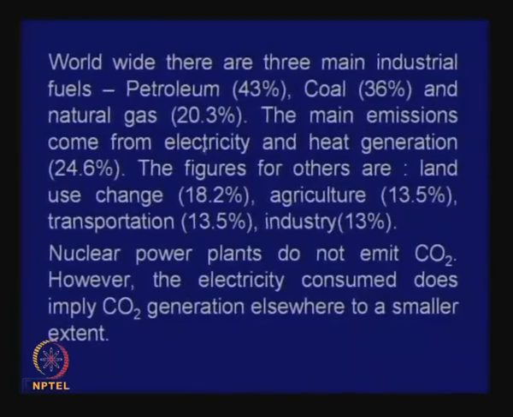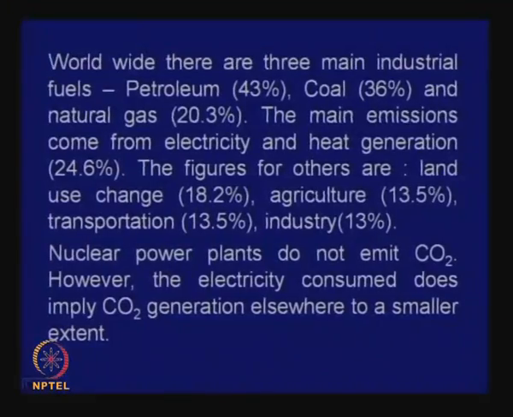The main emissions come from electricity and heat generation, 24.6%. The figures for others are land use change, means when you had forests, you have cut down forests. In Brazil, the Amazon forest is disappearing very rapidly.